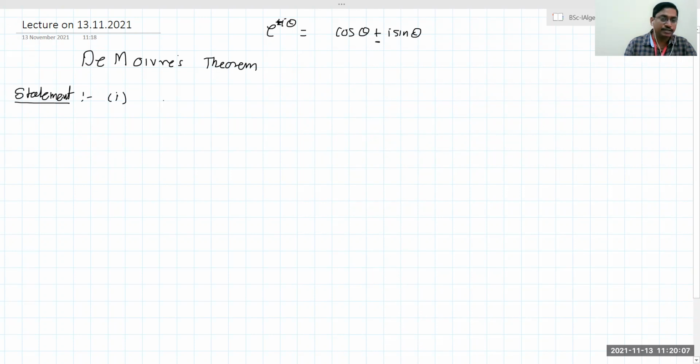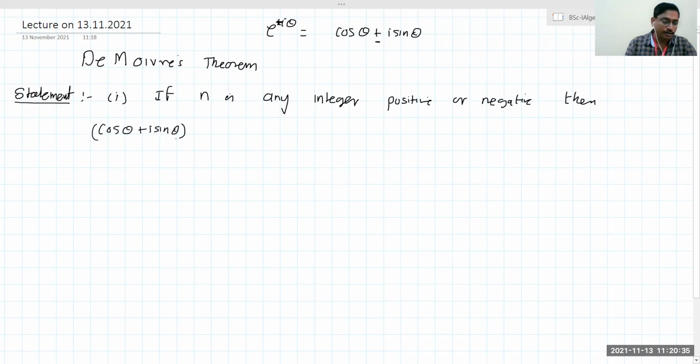First part: if n is any integer, positive, negative, or zero, then cos theta plus i sin theta raised to the power n, where n is an integer positive or negative (zero power we can write as 1, so I exclude that), can be written as cos of n theta plus i sin n theta.